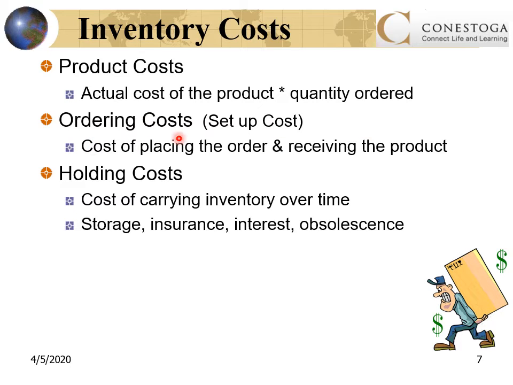The second thing is the ordering cost, which is sometimes called the setup cost. It refers to the cost of placing that particular order, the cost of receiving that particular product. It can include the transportation cost.